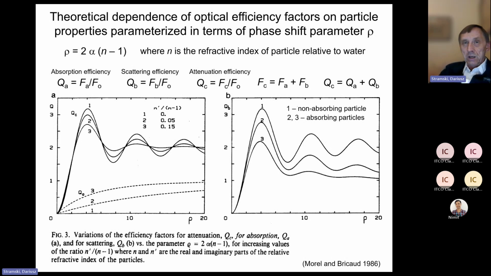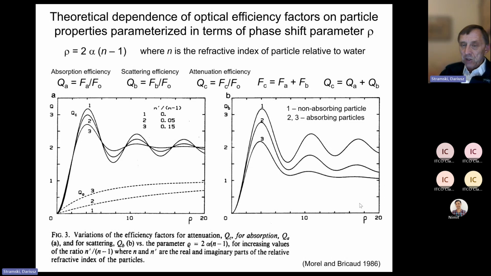Scattering by particles in this domain is well approximated by a combination of reflection at the surface, refraction into the interior of the particle, internal reflections and refractions, so multiple reflections, as well as diffraction.